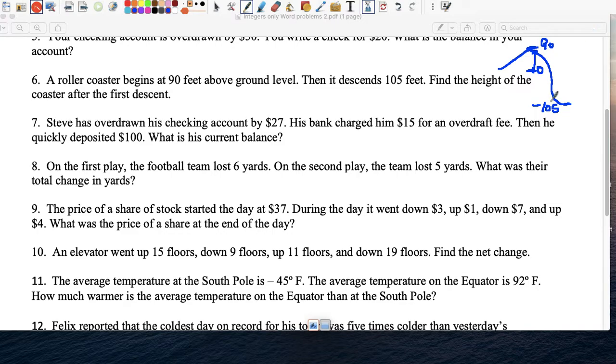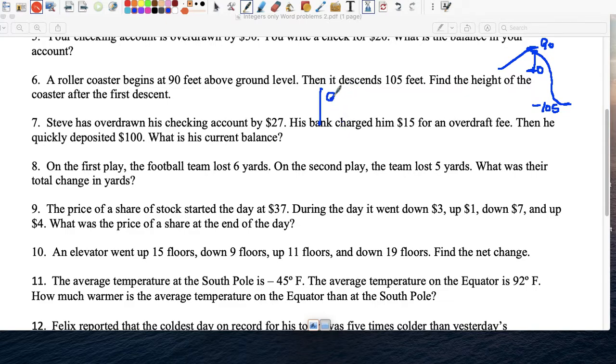Find the height of the coaster after the first descent. So what's the height of this roller coaster? Well, the height of the roller coaster would be the distance between those two, right? So this one is one that you would use the absolute value. It doesn't matter if you choose 90 minus negative 105 or negative 105 minus 90, because you're using this. It'll take you to the same answer.